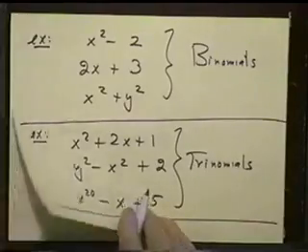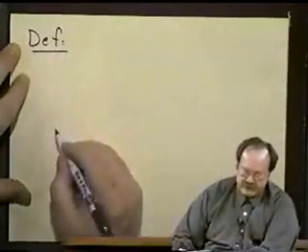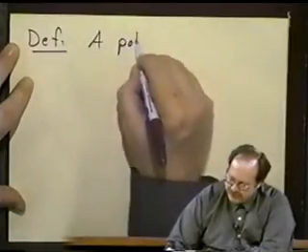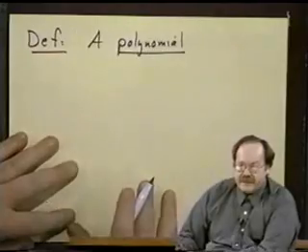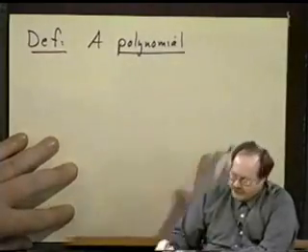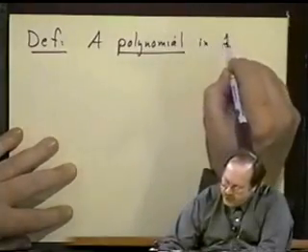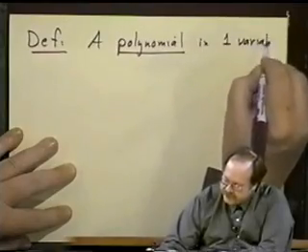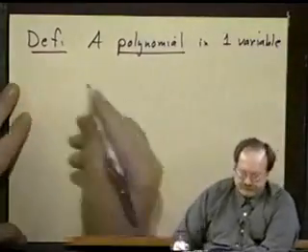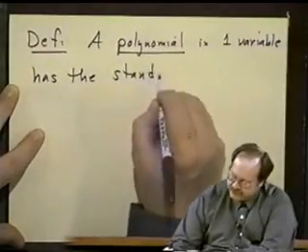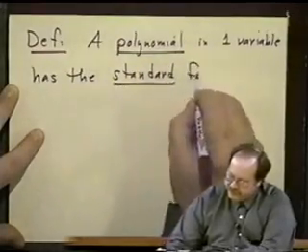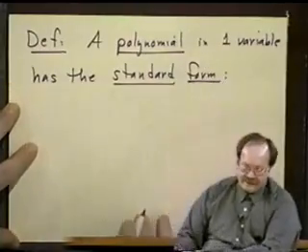Well, on that note, let's define finally a polynomial in one variable. Definition. A polynomial, which covers everything we've seen before, even though we gave some of them special names. Polynomial is a generic term. A polynomial in one variable, and today I'll use the variable x, has the standard form, and standard forms, as I've said before, are very important in mathematics, and you'll see that even later.